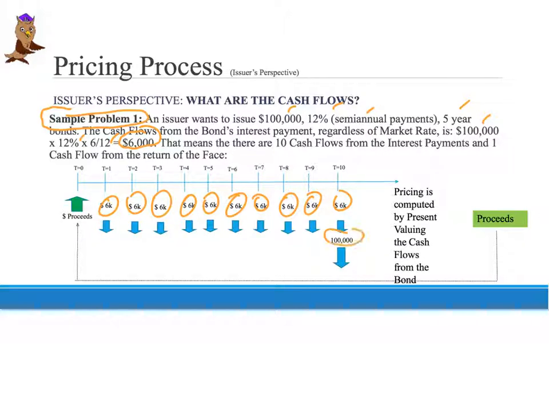And then at the end, I also have that return of the face to the investor. So when you do a bond pricing problem, this is what I would recommend: you first look at the timing, and then you look at the actual cash flows and put them on that timeline.